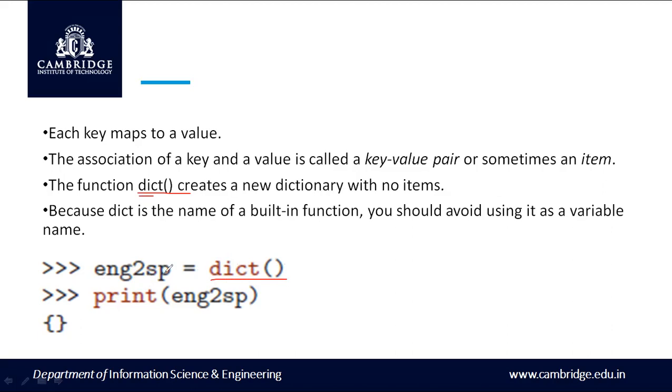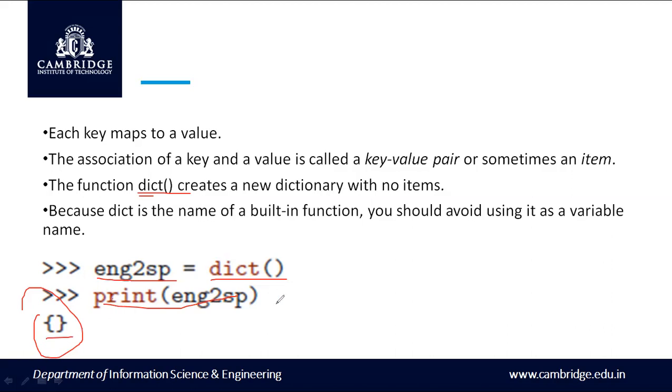You have to name this dictionary. Here we have named it English to Spanish, in short form eng to sp. When we print this dictionary, you get an empty pair of braces because there are no items or key value pairs defined in the dictionary.